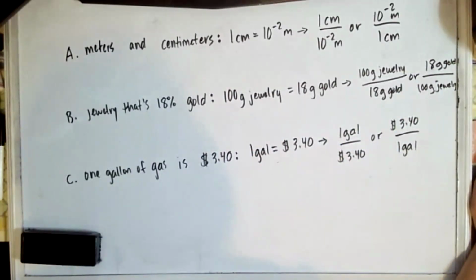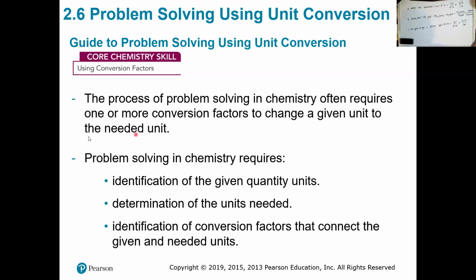All right. So the next section is actually using these conversion factors and solving problems with them, which is probably where we'd want to spend the most time anyway. So let's look at the intro stuff and then we'll get to those examples. So just in general, the process of problem solving in chemistry often requires one or more conversion factors to change a given unit, which is what we start with, to the needed unit, which is what we want to end with.